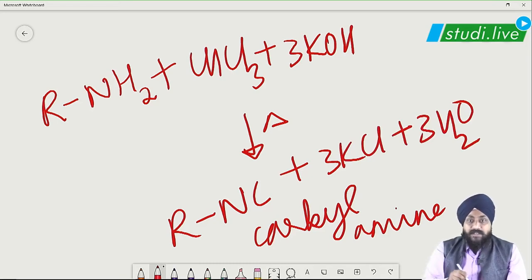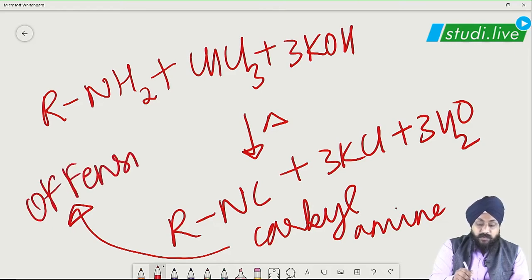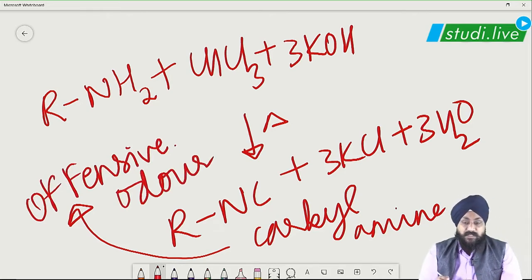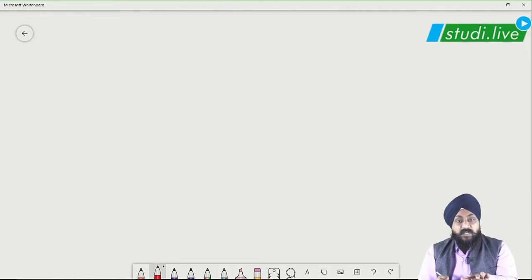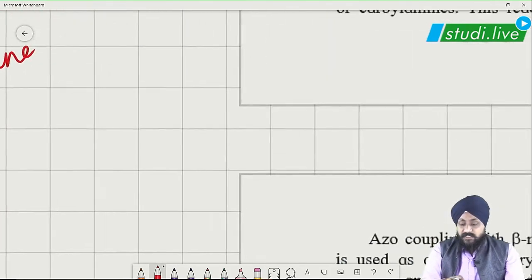So this carbylamine is going to have what? It is going to have an offensive, unpleasant odor. Okay, and this test is given only by what? Only by primary amine. Okay, secondary and tertiary amines are not going to give this particular test, students.